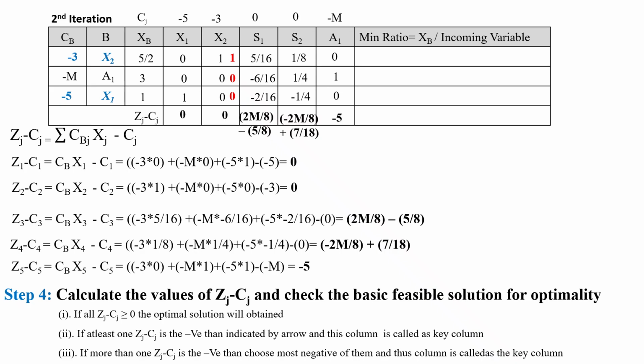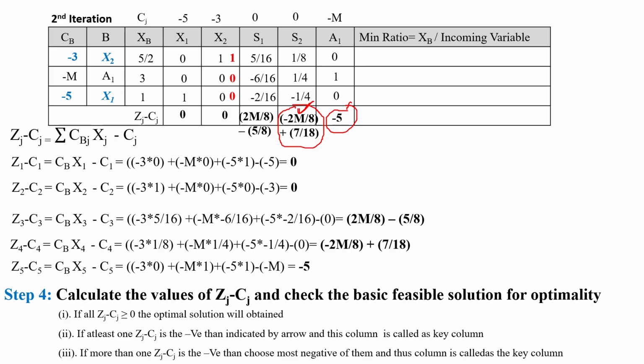Here the negative values are minus 5 and minus 2M by 8 plus 7 by 8. I have to choose the most negative value, which is minus 2M by 8 plus 7 by 8, because M is a very large variable.